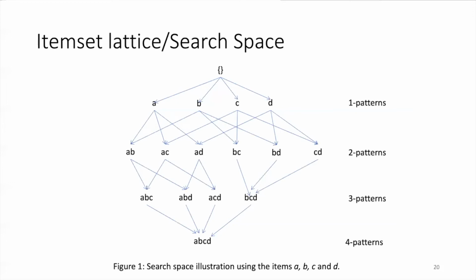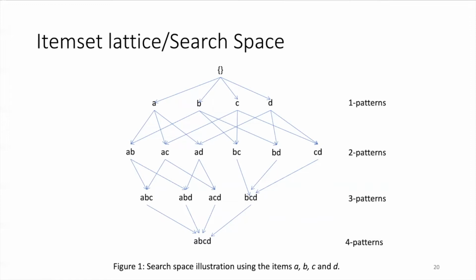So to solve this problem, that is to find all frequent patterns in the database, we have to understand an important component called search space. So what is the search space for a pattern mining model? To explain it, we use the following example.